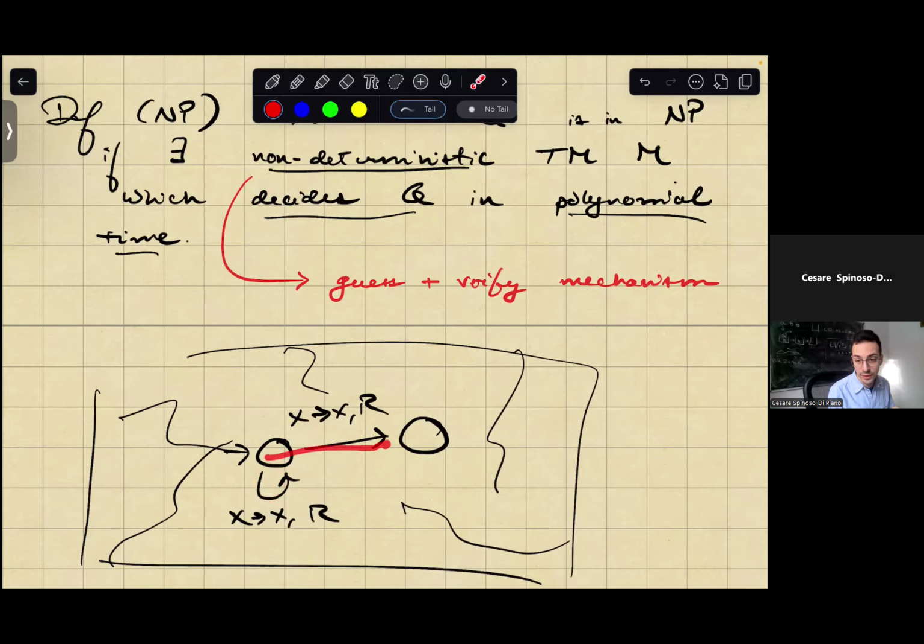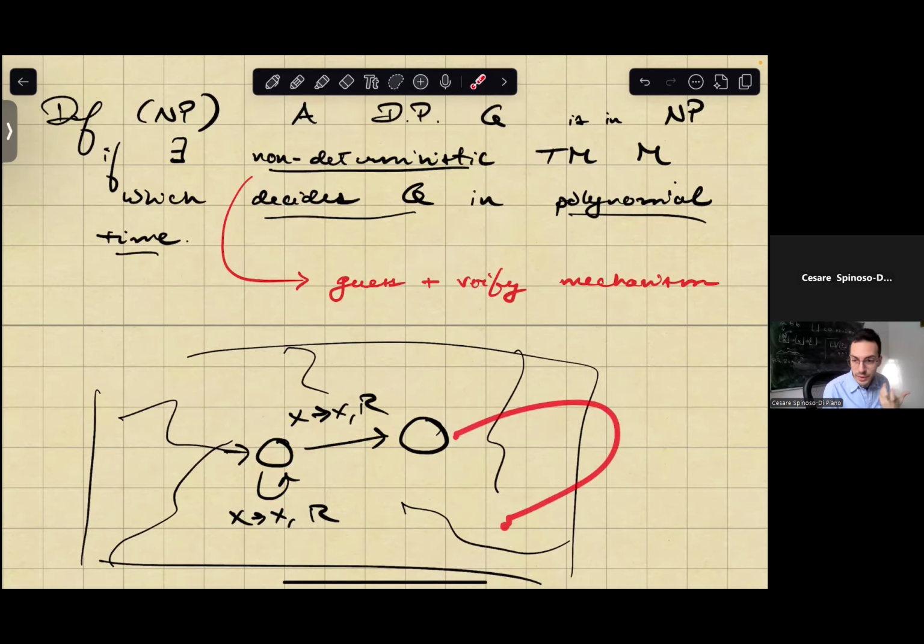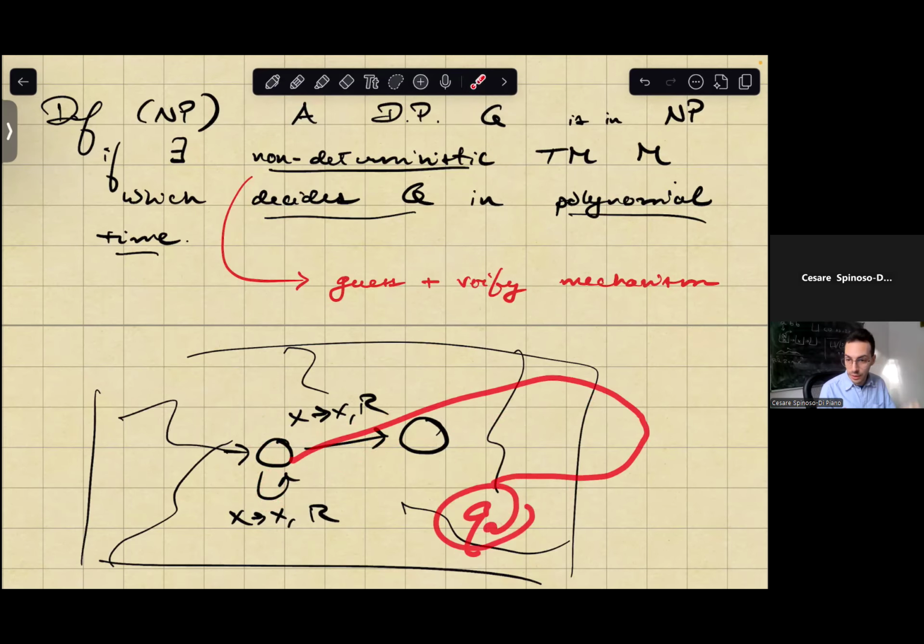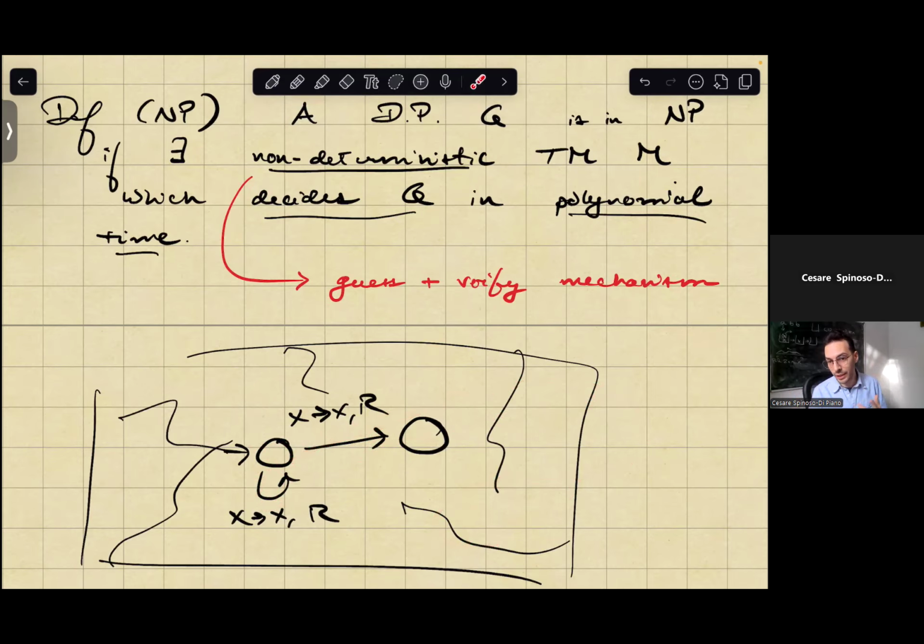So it makes a guess, and then to verify it, it just keeps on going. If it jams, that means that the guess was incorrect, so it'll backtrack and try something else. If instead it keeps on going based on the guess and gets to an accept state, that means that it was successful. It doesn't have to check any other guesses.